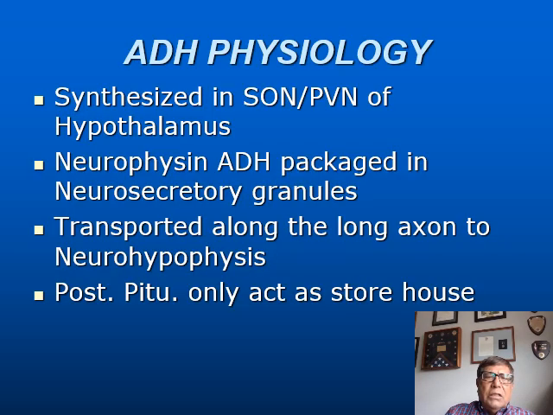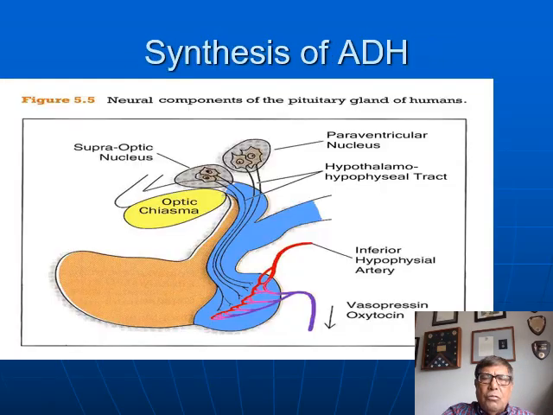ADH is synthesized in the hypothalamus, in the supraoptic and paraventricular nuclei, and then there is a formation of granules by the neurohypophysin, and then it goes down through the long axon to the posterior pituitary, and that's where it remains stored. So the posterior pituitary is a storehouse.